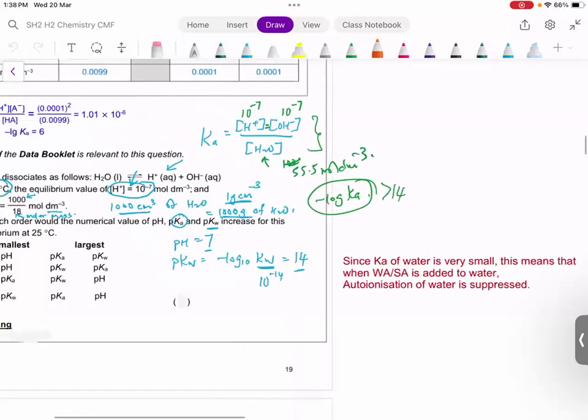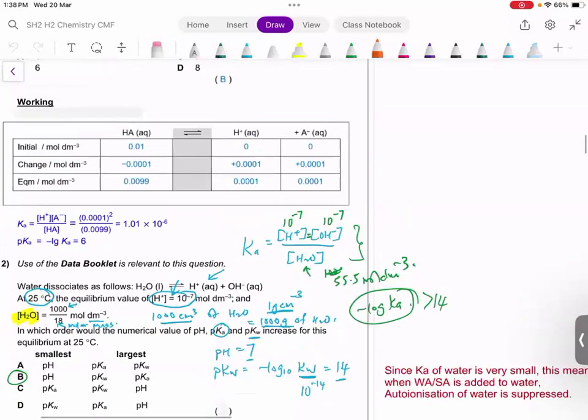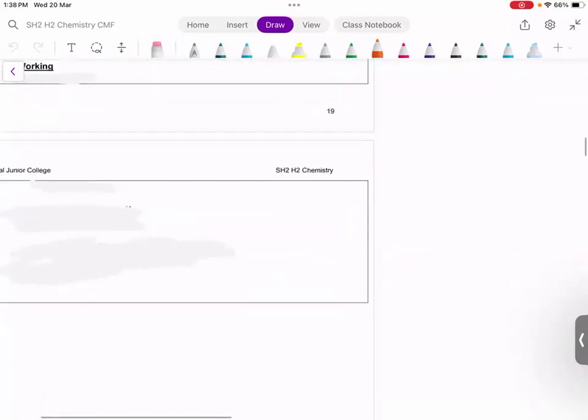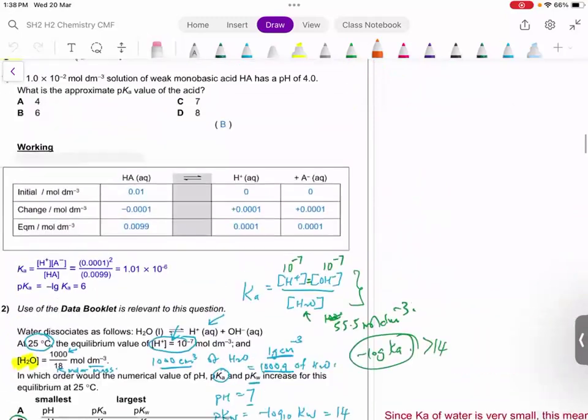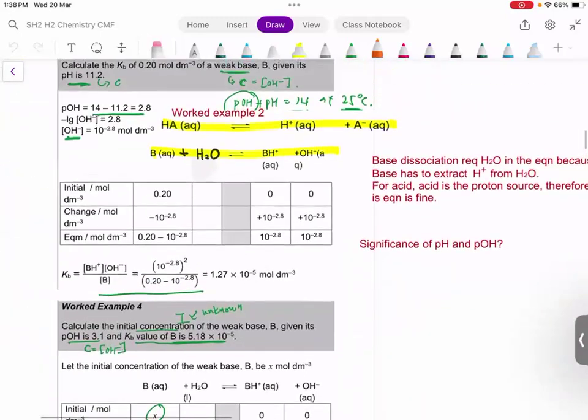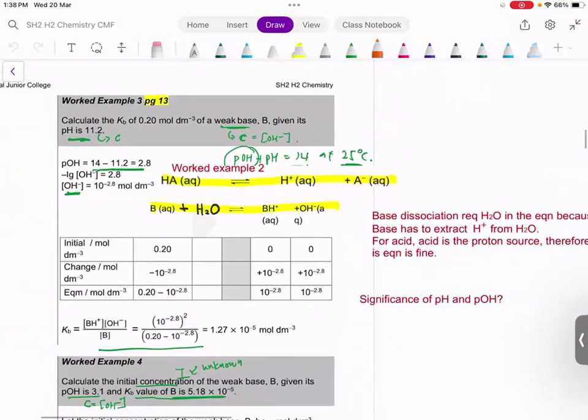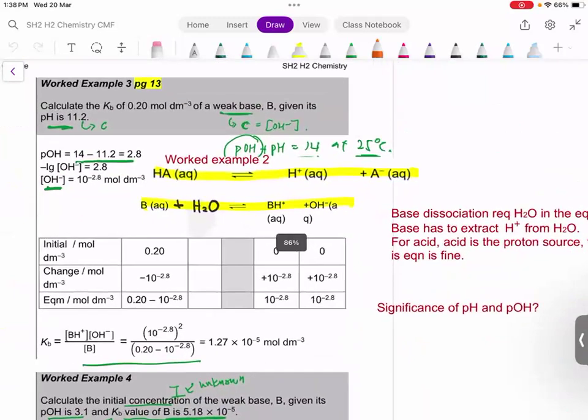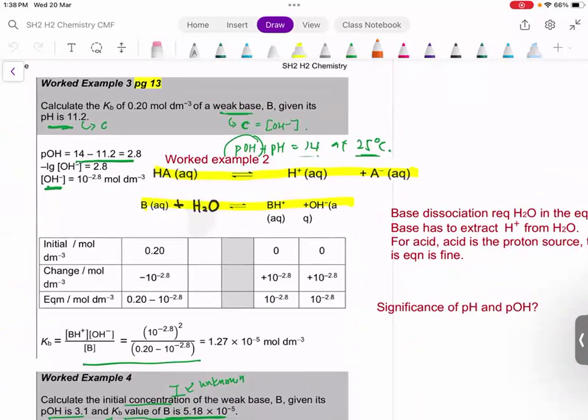Okay, then something else that I want you to pay attention to, because one student from the other class asked me this question. Now, if you look at the word example for 2 and 3, notice that in word example 2, we show the acid dissociation simply as H plus and A minus. I can do without water.